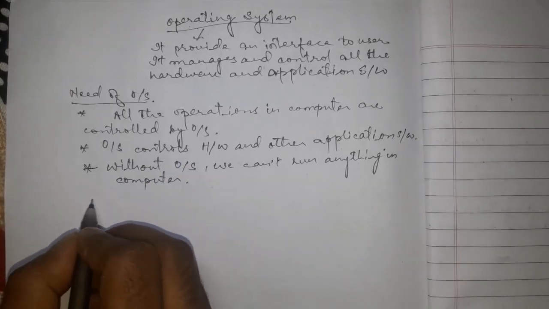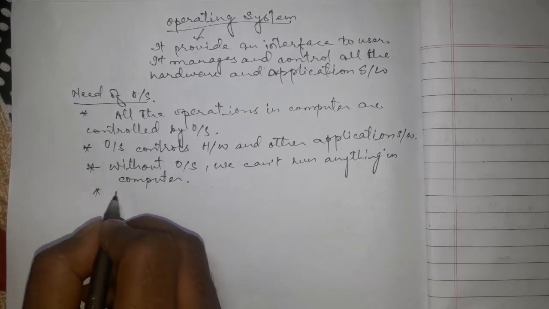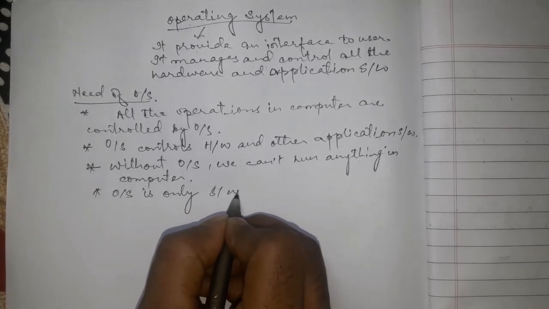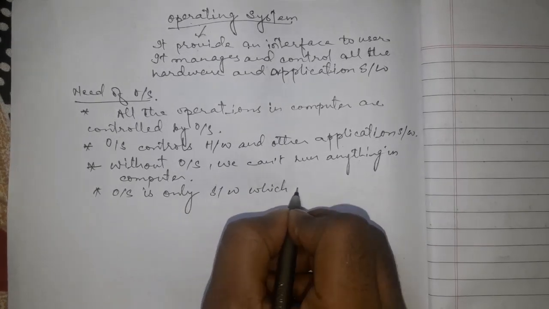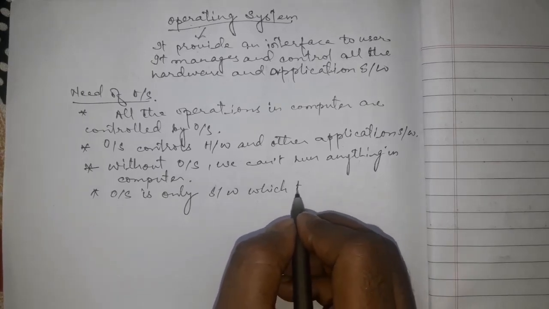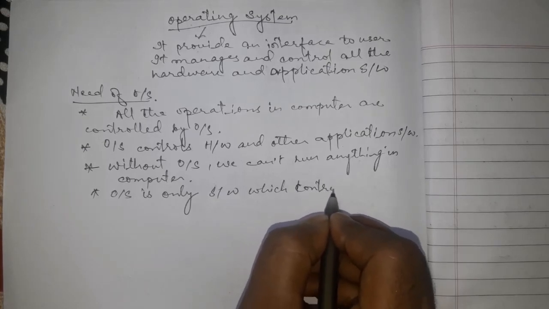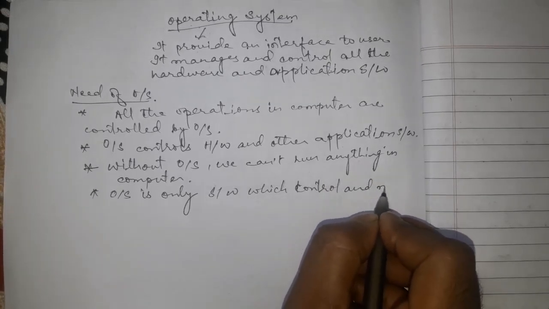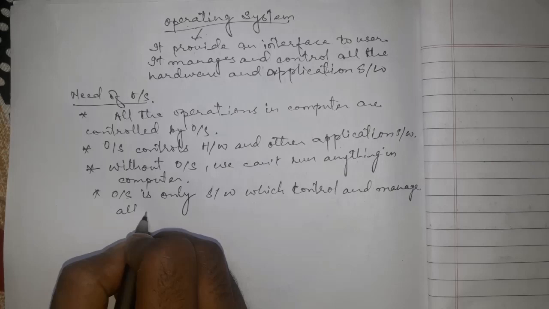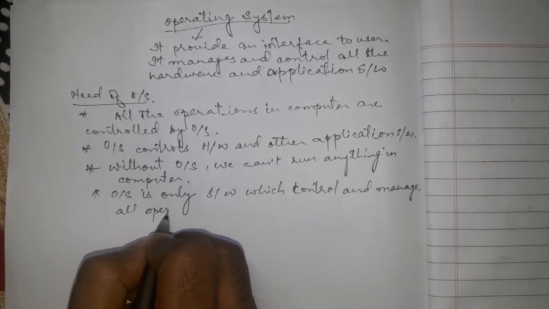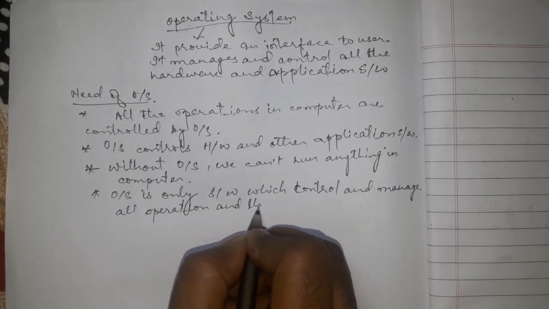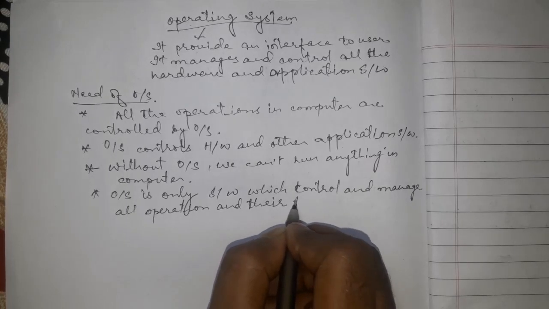In short, the OS is the only software which controls and manages all operations and their timing.